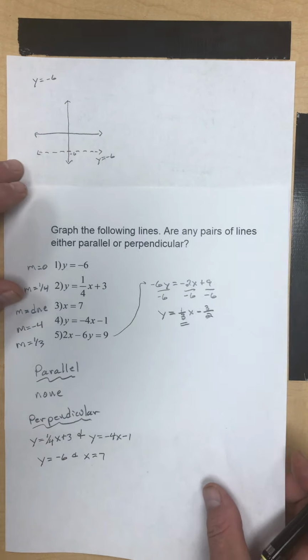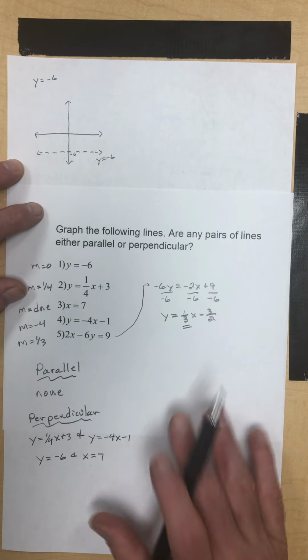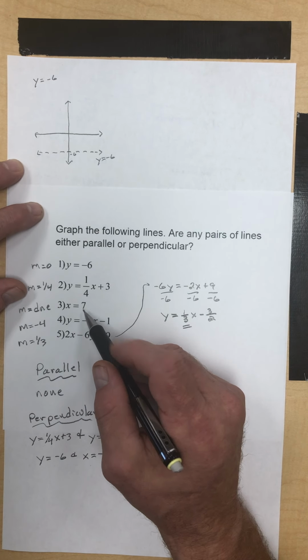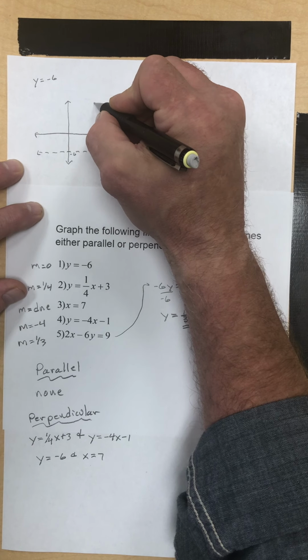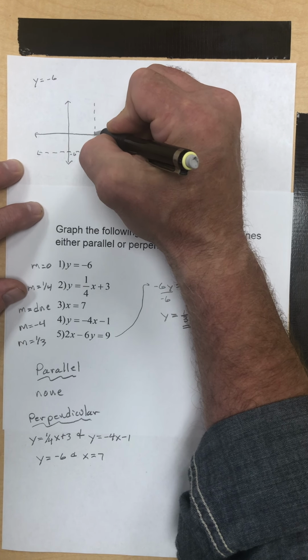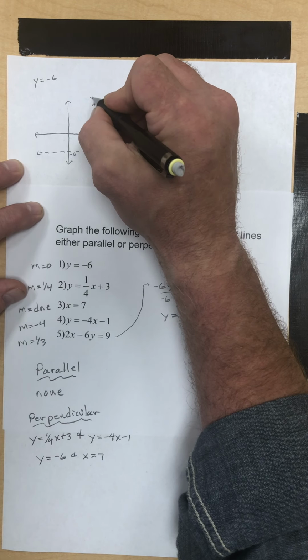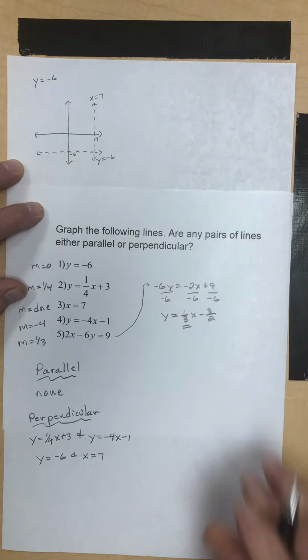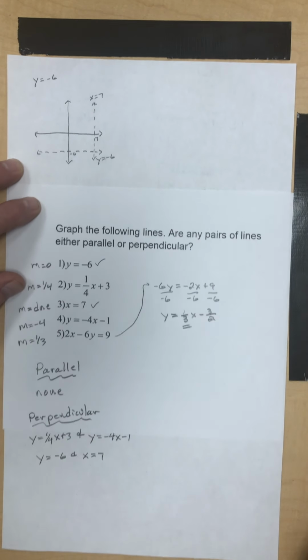Might as well do it on the same thing because I have one horizontal line, one vertical line. No big deal. So x equals 7, so that's a vertical line going through 7, okay, on the x-axis. So you would just have that guy right there. Okay, so that is your x equals 7. Okay, so that takes care of this guy and this guy.